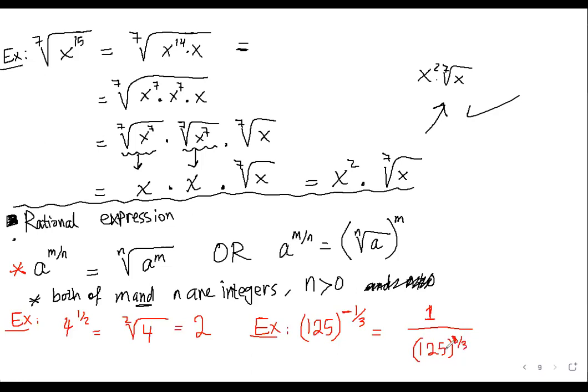I'm sorry. And what is that equal again? 1 over the third root of 125. What is the cube root of 125? It is 5. So the answer is 1 over 5.